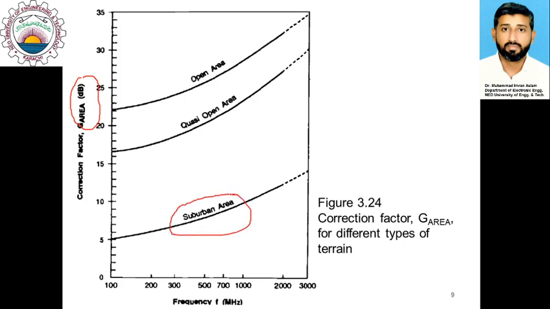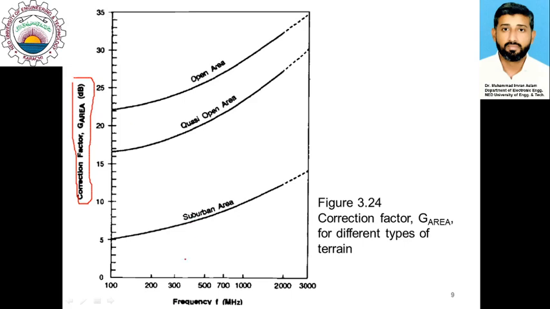The correction depends on the area type, so we have three different curves: suburban area, quasi-open area, or open area. Quasi-open area is somewhat in between suburban and open area, where you may have a low density of trees or buildings. In a similar way to the previous curve, you can calculate the correction factor by identifying the appropriate frequency.